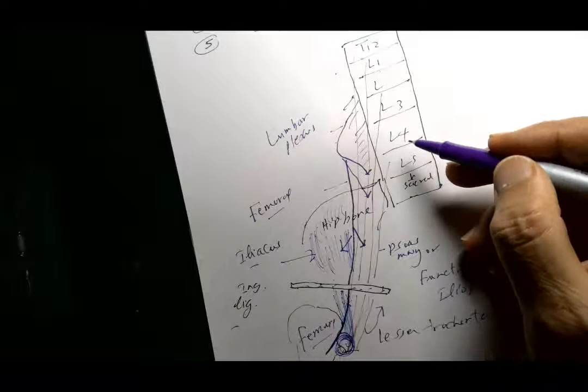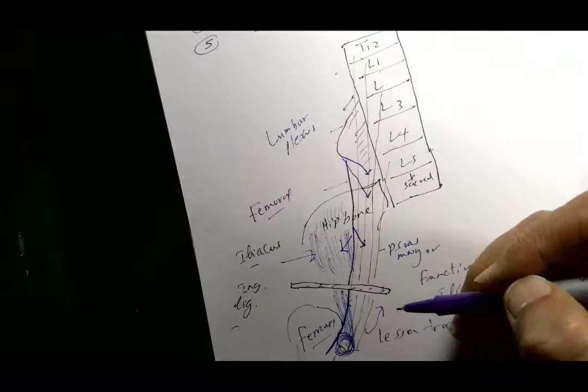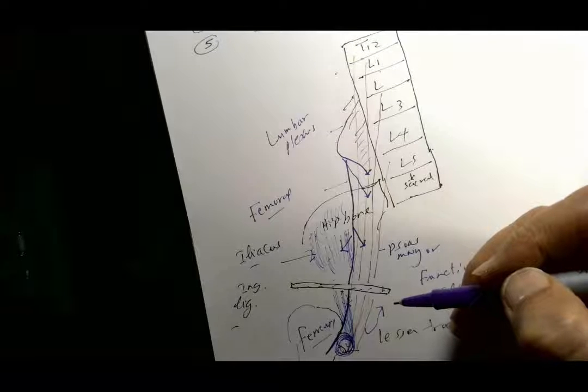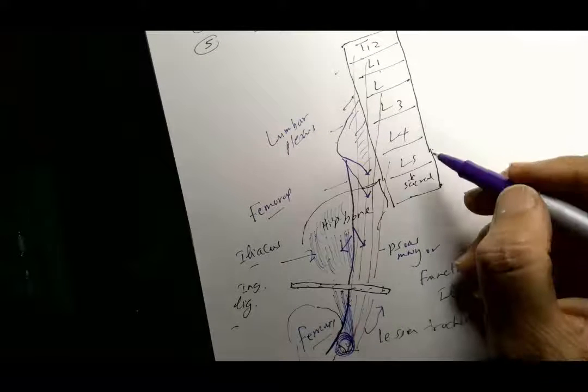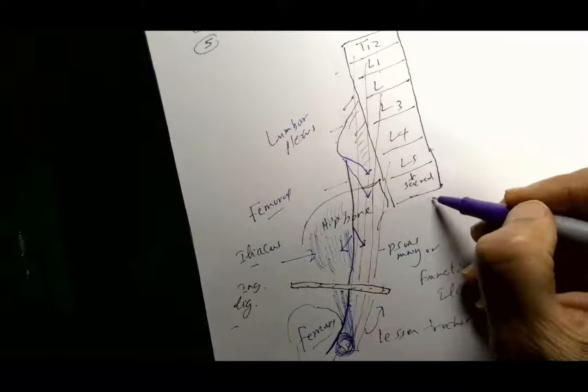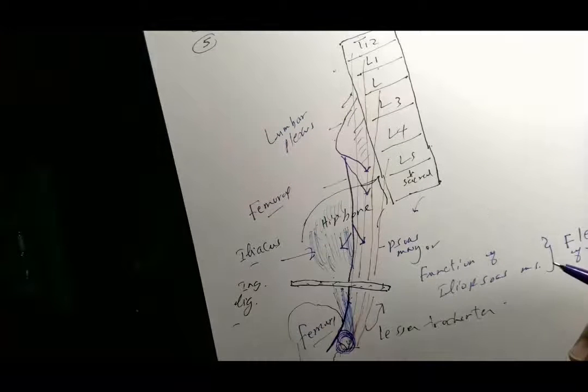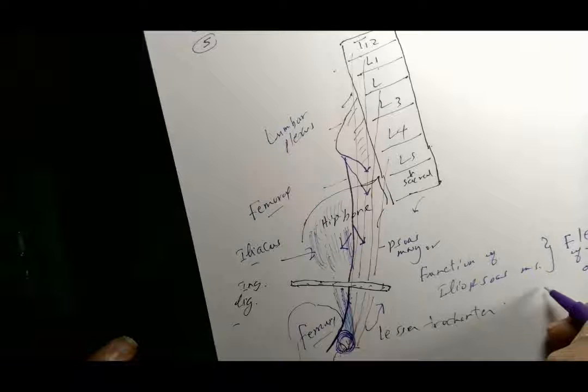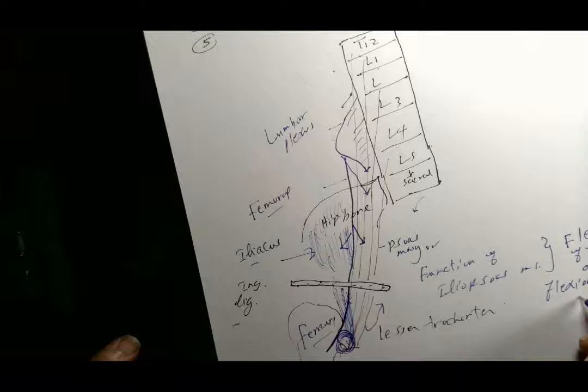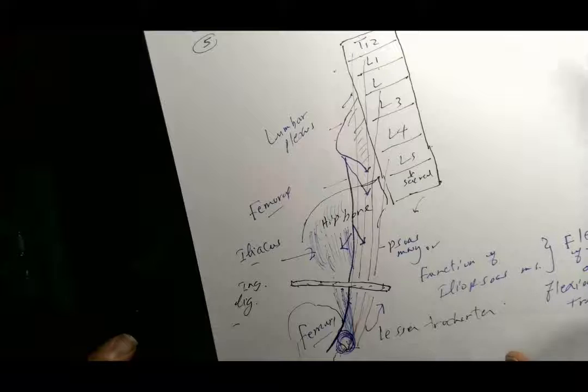If you fix the insertion, they flex the trunk. So they bring the trunk forward. So it can be the other way around: flexion of the trunk or vertebral column. Okay. So this is the function.